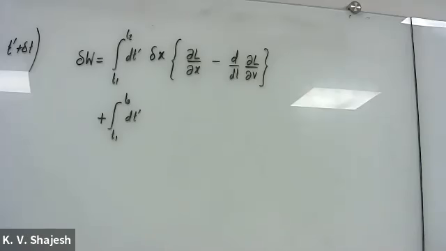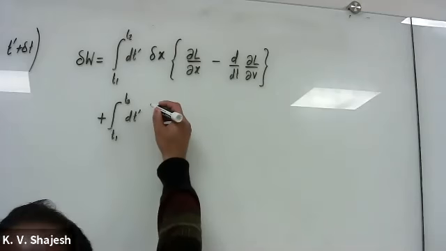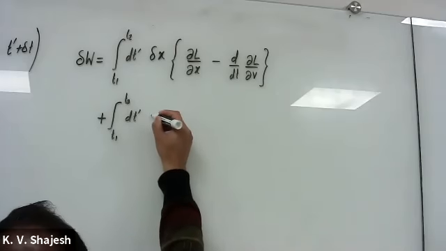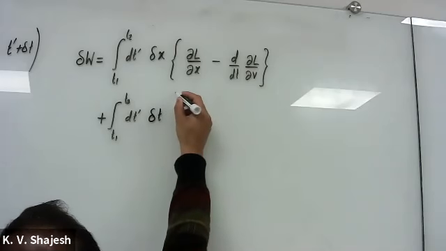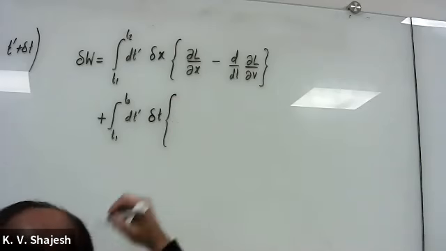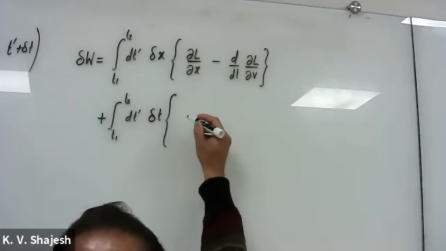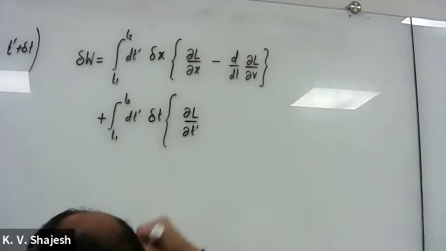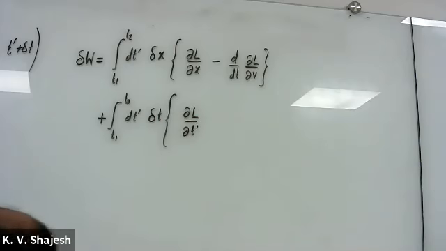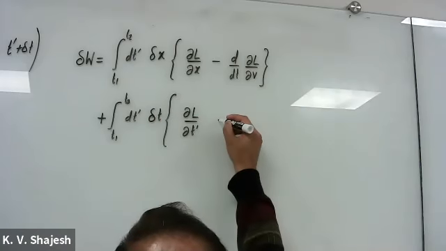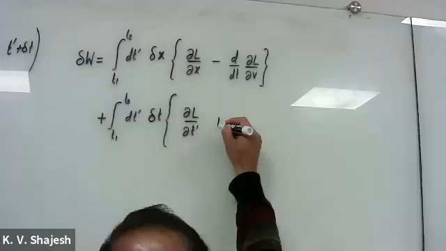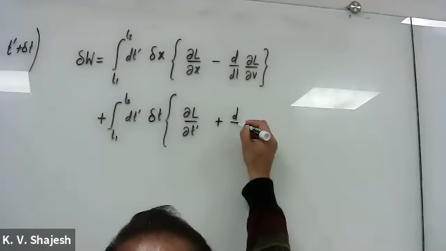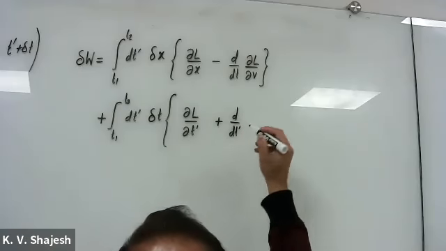I can write it in the following manner. So this is equal to, let me write this as delta t, and let me start with curly brackets. This is ∂L/∂t prime. And the other two terms are, interestingly, a total derivative, d/dt prime.